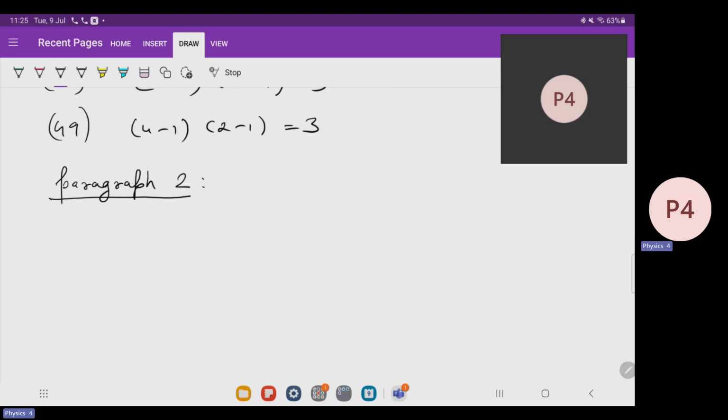So L1 is given by r bar is equal to 2i bar plus j bar minus k bar plus lambda times (i bar minus 2j bar plus k bar).